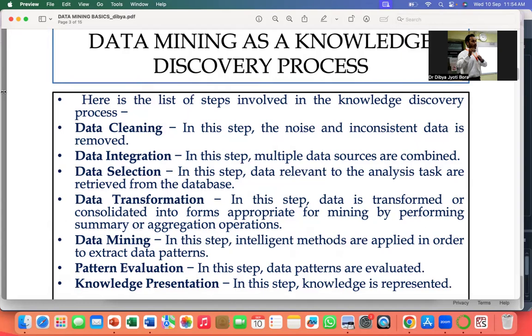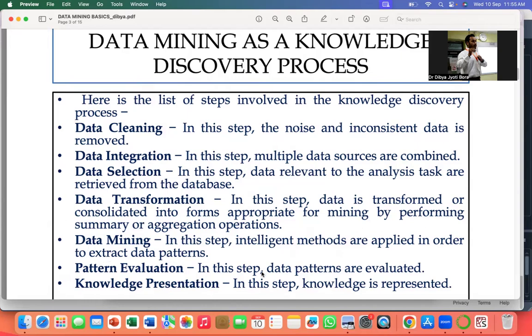So in the data mining stage, we take the help of some algorithms, basically ML algorithms, which help us to extract some patterns from that data. And the next stage, because the output of the data mining stage is what? Some data patterns. Now the next stage will be pattern evaluation.